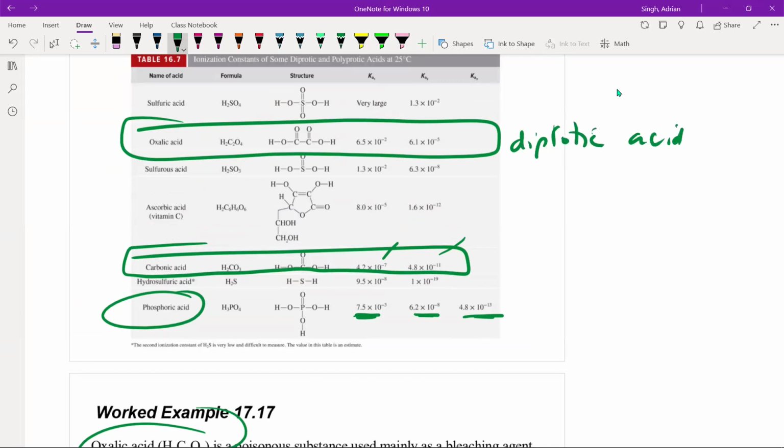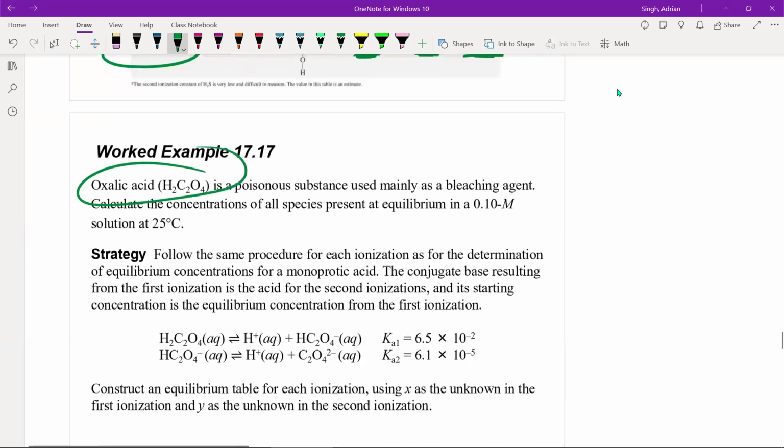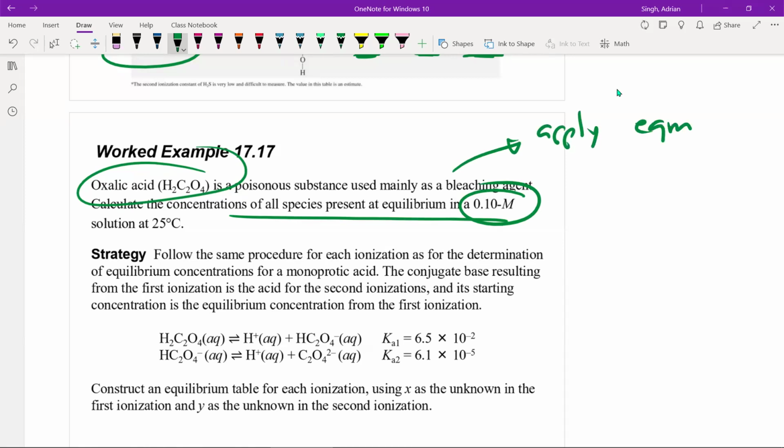So it's going to lose those in a stepwise process. We're told, calculate the concentrations of all species present at equilibrium in a 0.10 molar solution. So we're going to apply the equilibrium principles in a stepwise process.